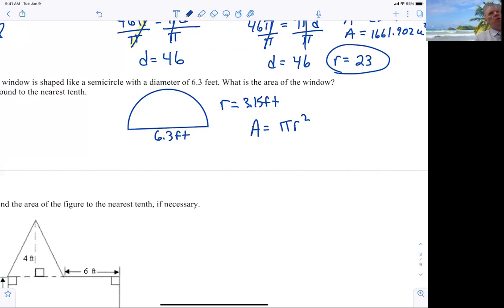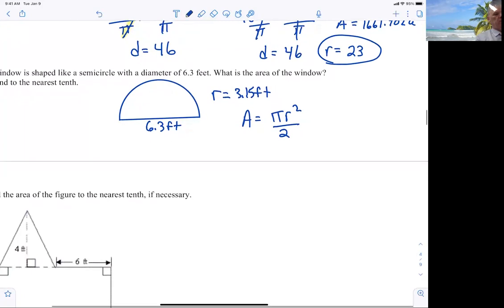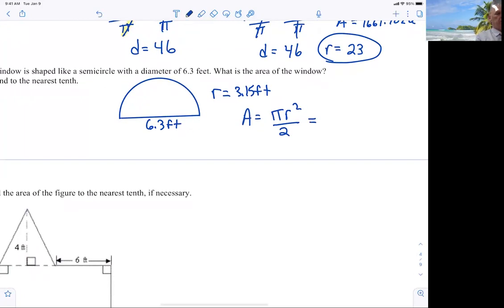But are we doing a whole circle? What do I have to do to the area because it's a semicircle? Divide by 2. So pi times 3.15 squared, and then divide it by 2. So that area is how much?